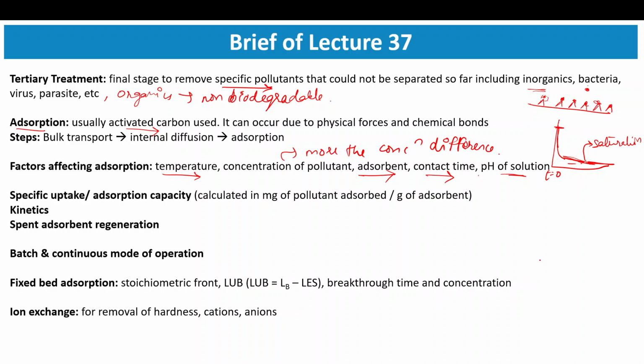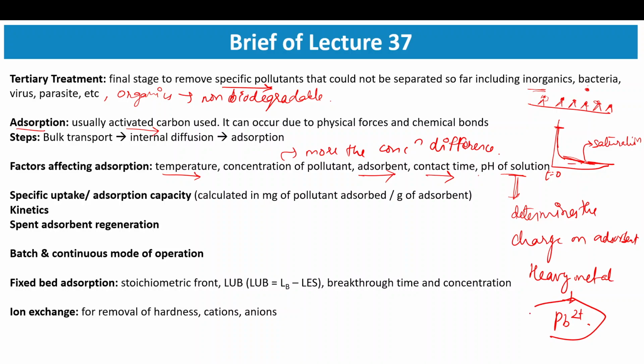Another important factor is the pH of the solution, which determines the charge on the adsorbent. There are cases where the adsorption process is used for the removal of charged pollutants, for example, heavy metals. For example, lead has a positive charge.